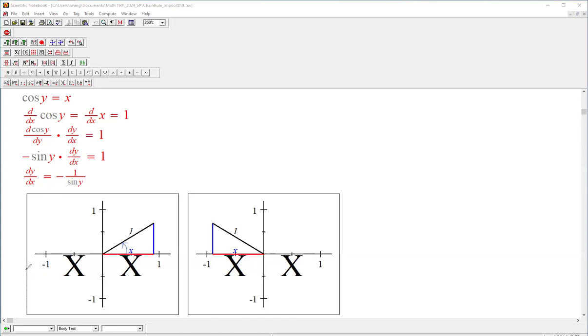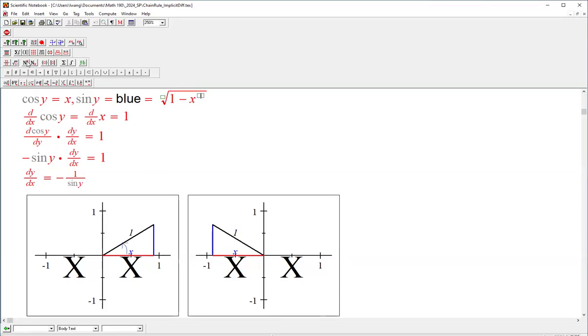So the sine of y equals the blue. And what is the blue equal to? The blue, according to the Pythagorean theorem, is the square root of 1 minus x squared.